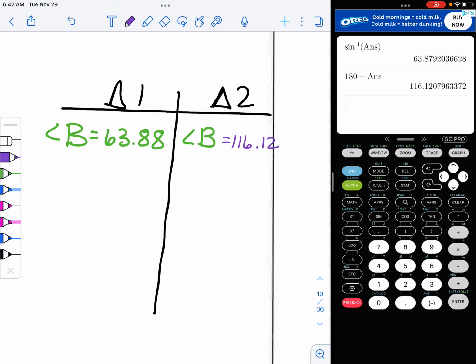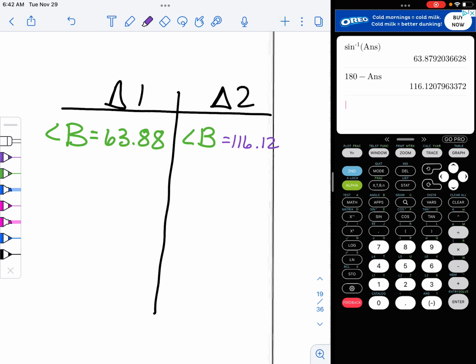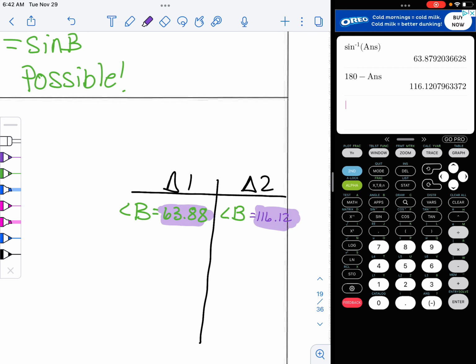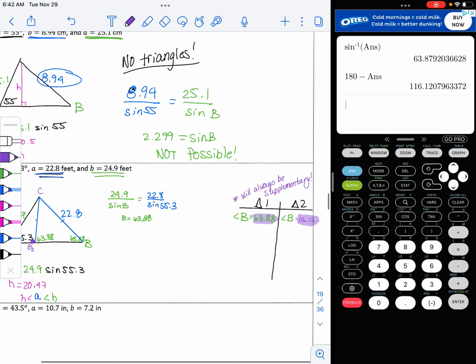This is something I want you to star, highlight, underline, whatever you need to do to understand that these two angles will always be supplementary. So at this point, I have solved for my first angle.